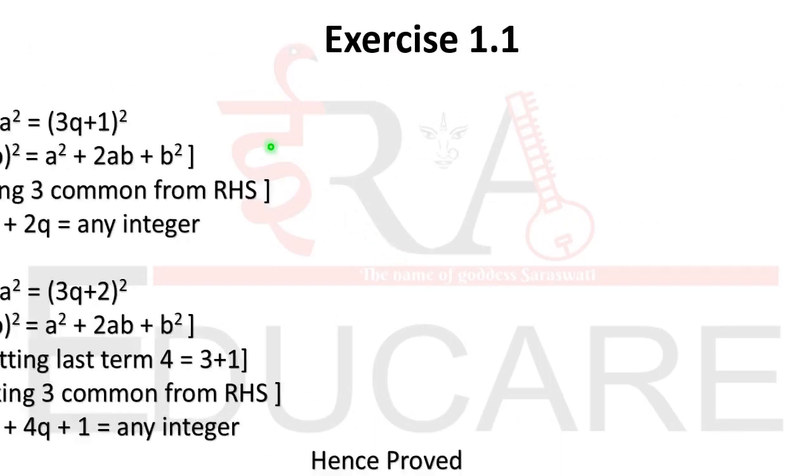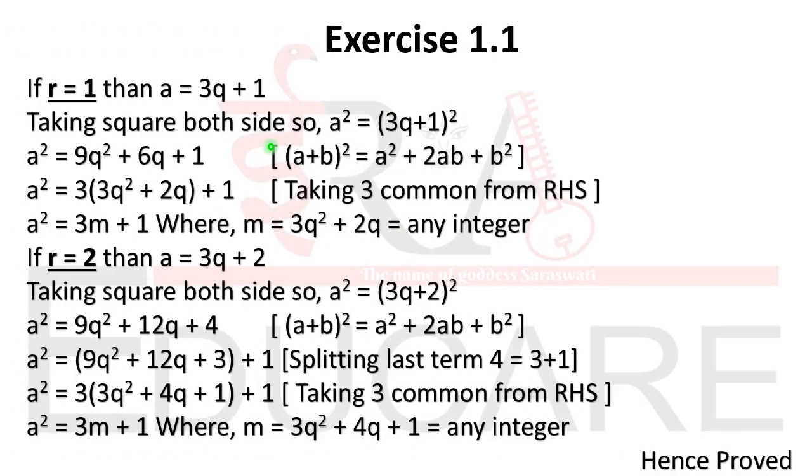Now in step number 2, if r is equal to 1, then a is equal to 3q plus 1. Now again square both the sides. So you get a square is equal to 3q plus 1 whole square. So a square is equal to 9q square plus 6q plus 1, by using this property: a plus b whole square is equal to a square plus 2ab plus b square.